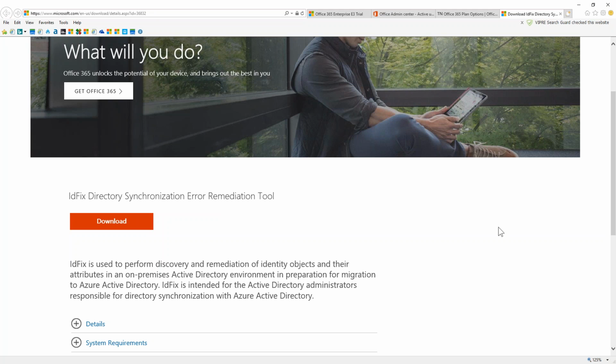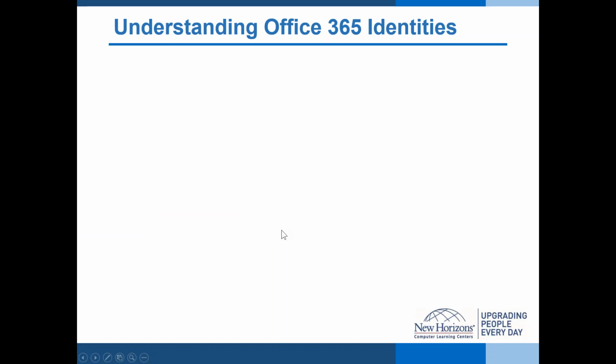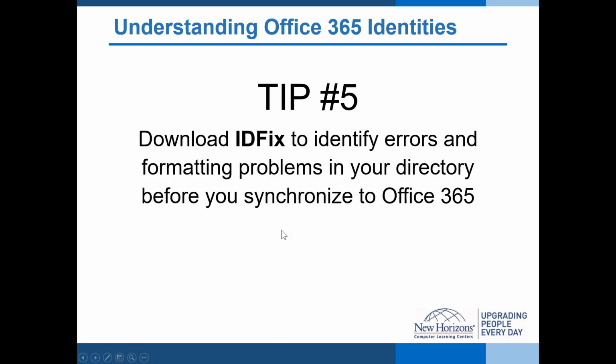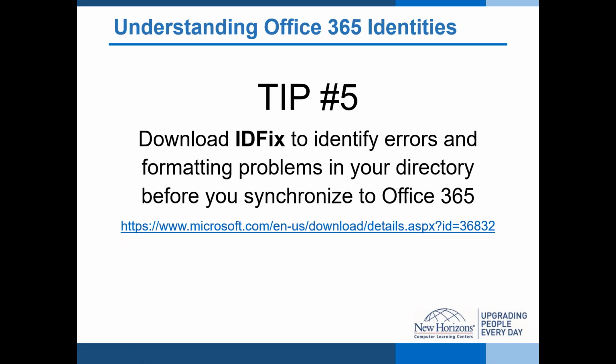So I'm going to download that tool, and then I'm going to verify that my domain structure is in good shape. I'm going to make sure I mitigate any issues of provisioning and migration. So my next tip to you, tip number 5, is to use the ID Fix tool to identify any errors and formatting problems in the directory before you perform synchronization.